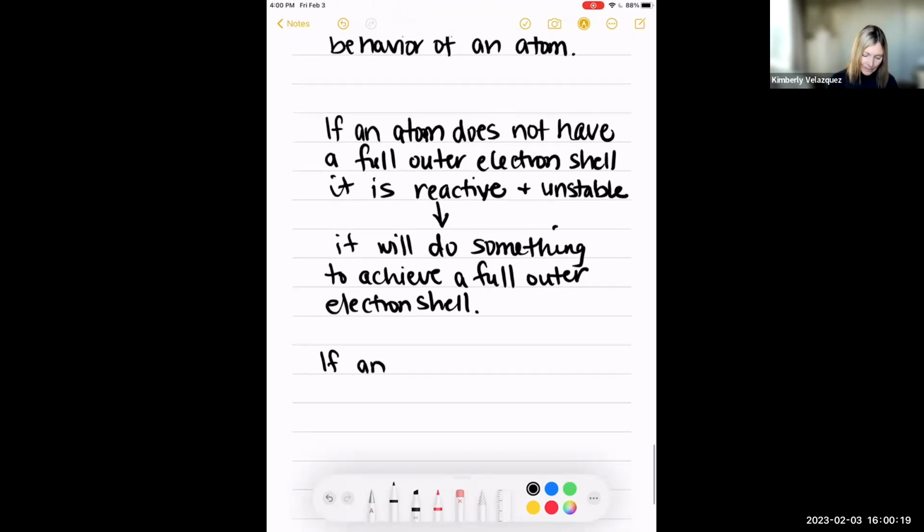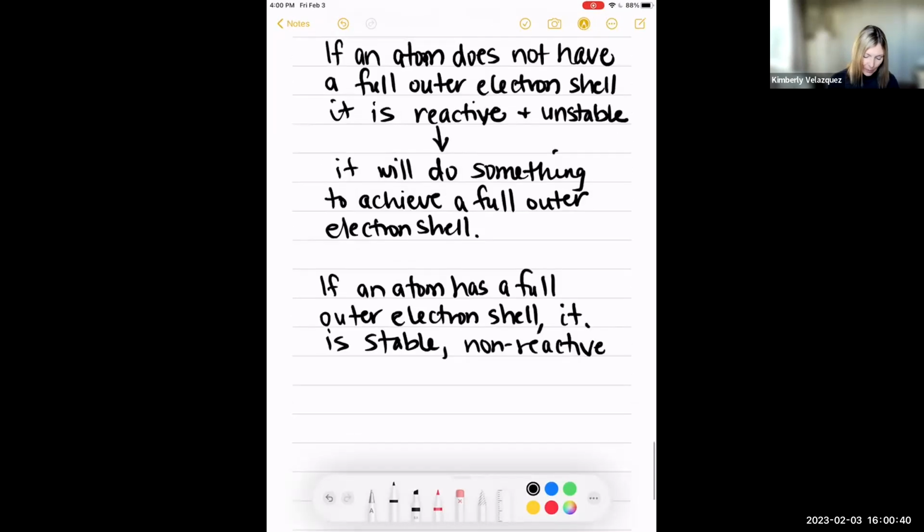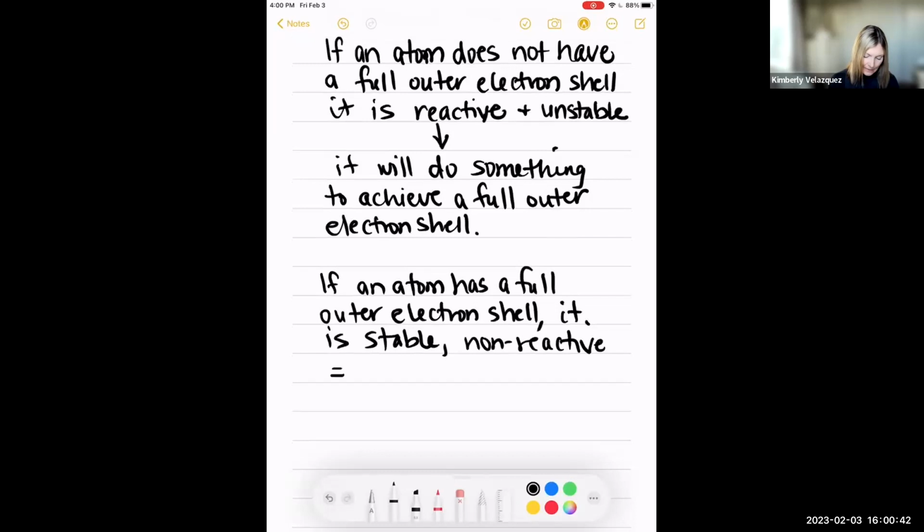So if an atom has a full outer electron shell, it is stable, it's non-reactive, and in fact, it's what we call inert.